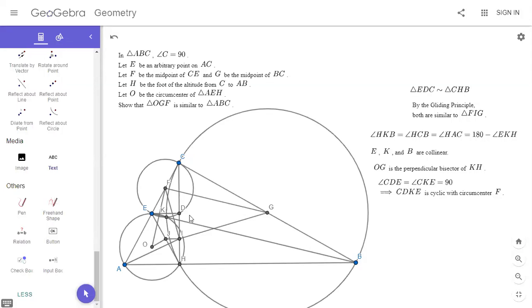Timo says HI equals KI. So can we apply that? How do you know HI is equal to KI? I know that HI is equal to DI.